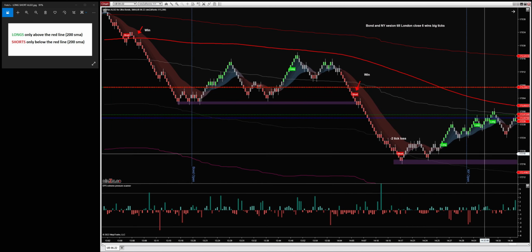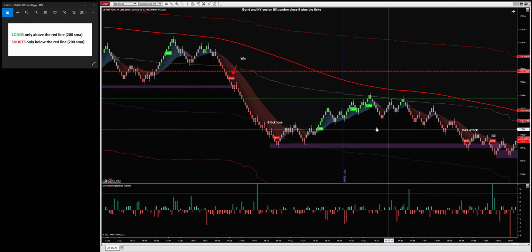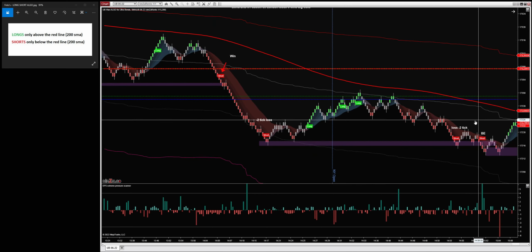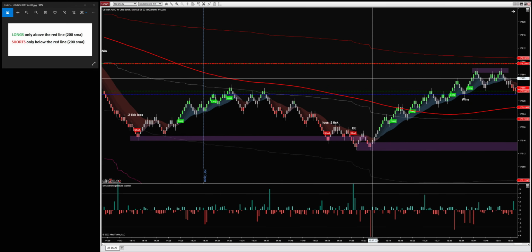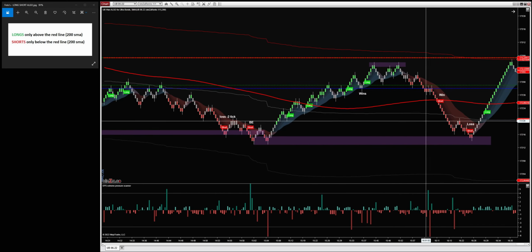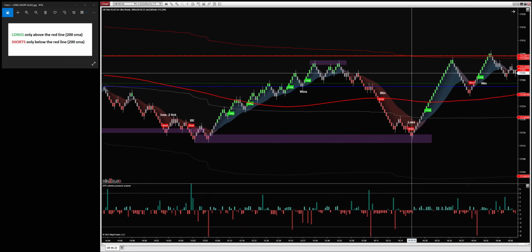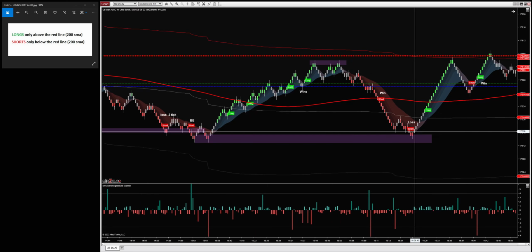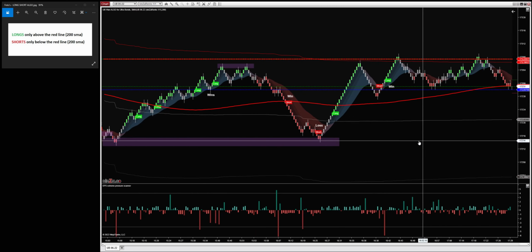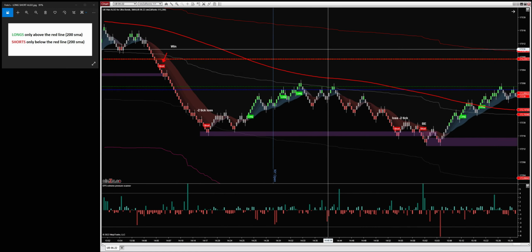We had this 2 ticks loss. This was a loss, break even 2 ticks, 4 ticks loss, 6 tick loss, 3 losses. Yeah, 3 losses.